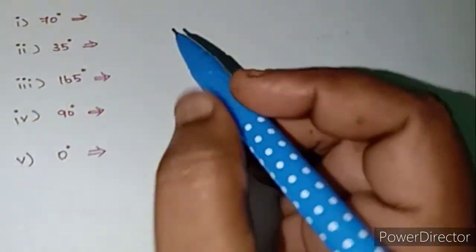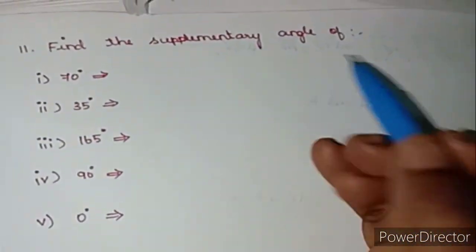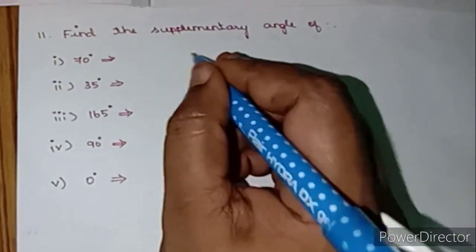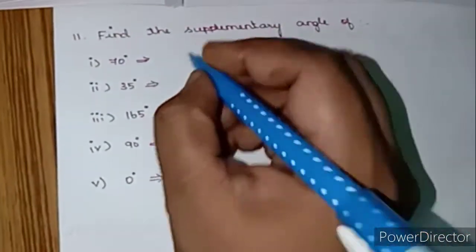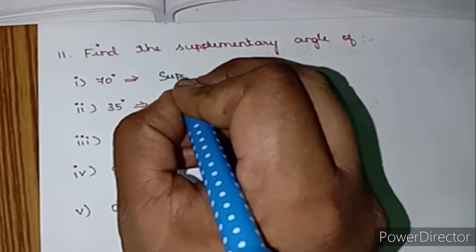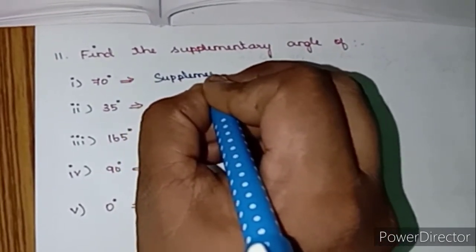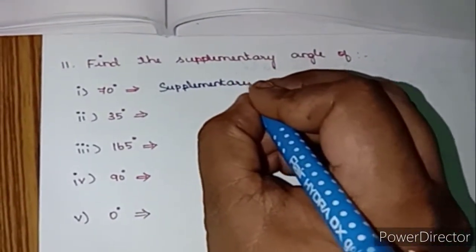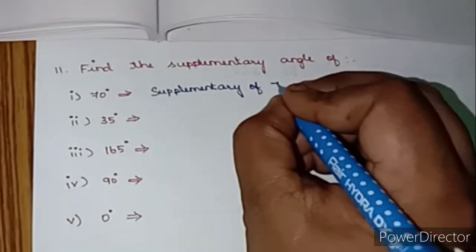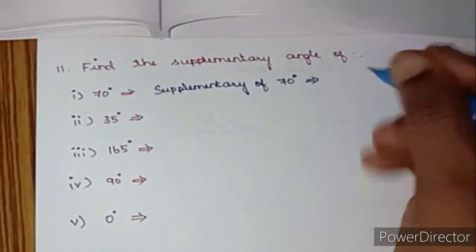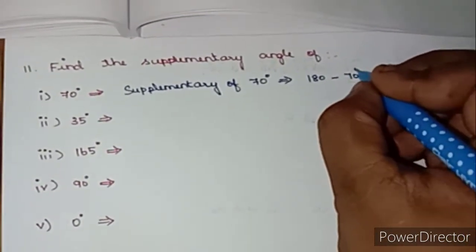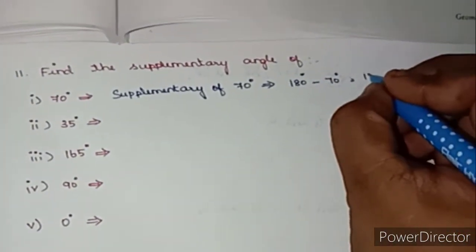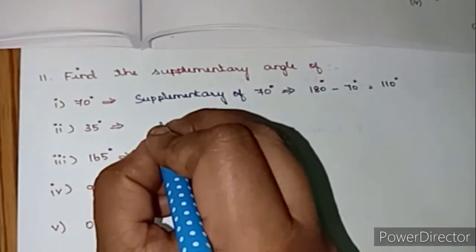After finding complementary, what will be the next one? To find the supplementary. As I told you, supplementary means it is 180 degree. So supplementary of 70 degree is equal to 180 degree minus 70, it is 110 degree.